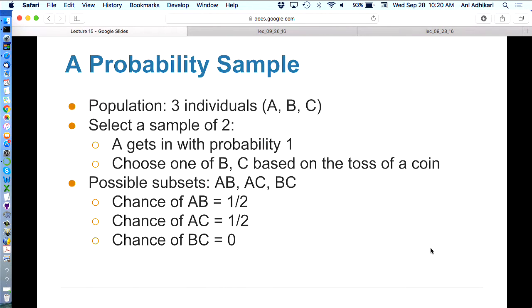Yep? What I'd like to do is go through the probability calculation, just formally. So I've got to get B and I've got to get C. What is the chance that I get B? 1/2. Yes? Now what do I do? What does my rule tell me to do from last time? I need to multiply by something. Yeah.